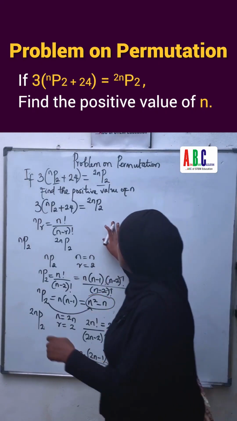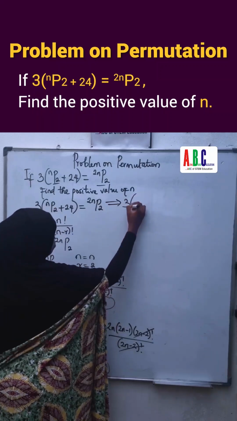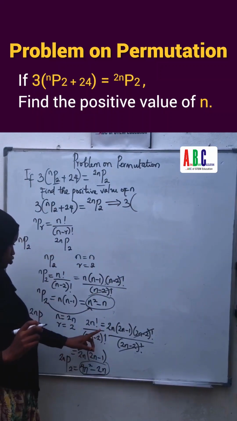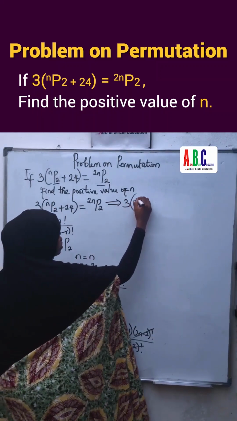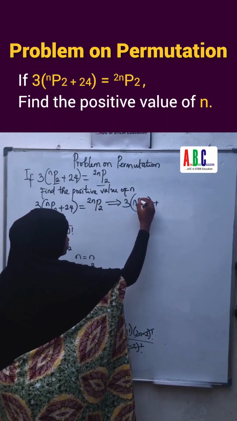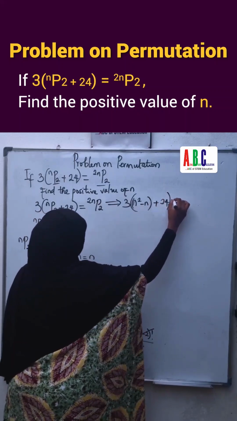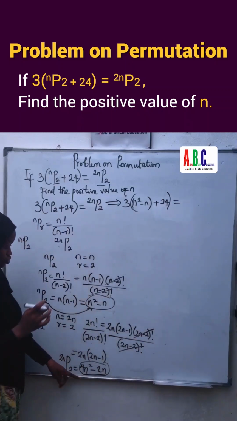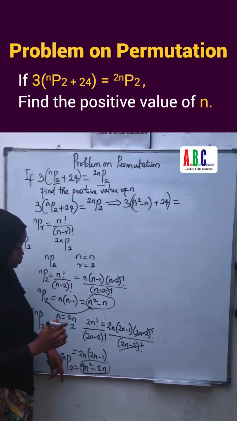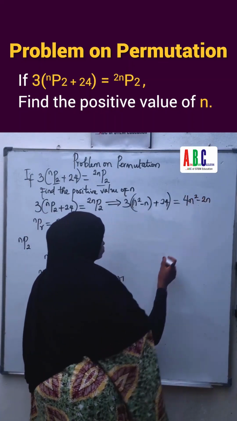Let's continue. So now this becomes 3 open brackets, n permutation 2 is now n squared minus n, then plus 24, equal to 2n permutation 2, which is now 4n squared minus 2n.